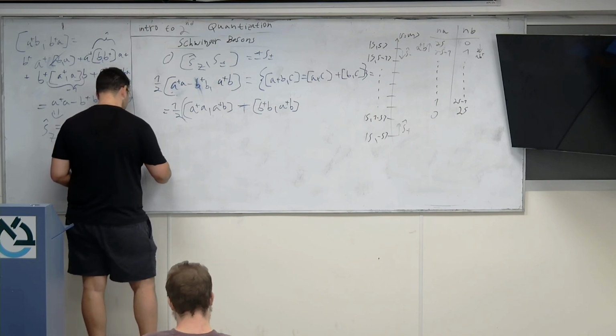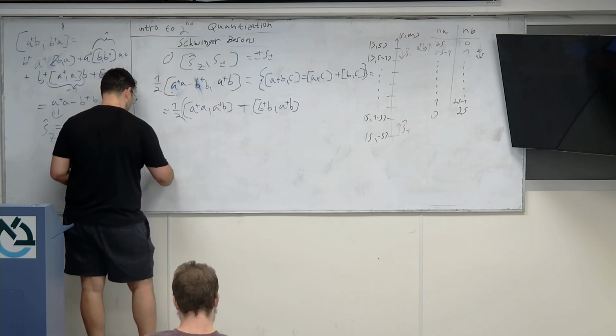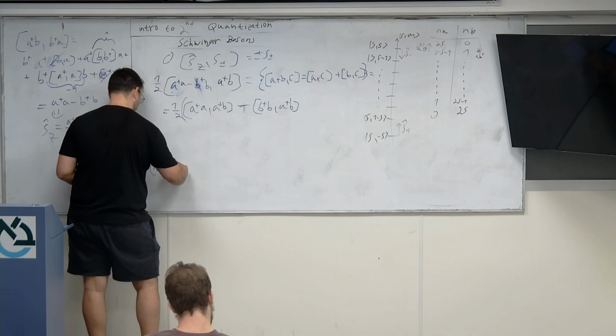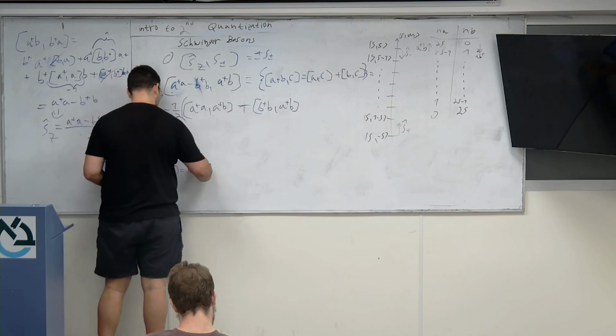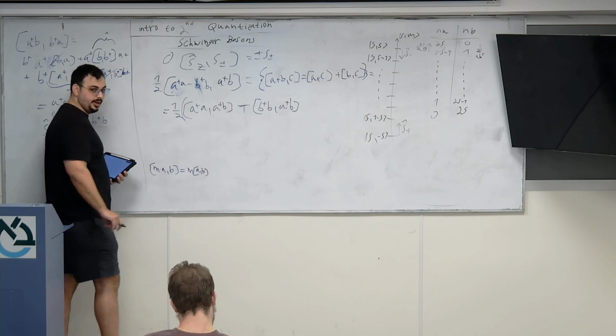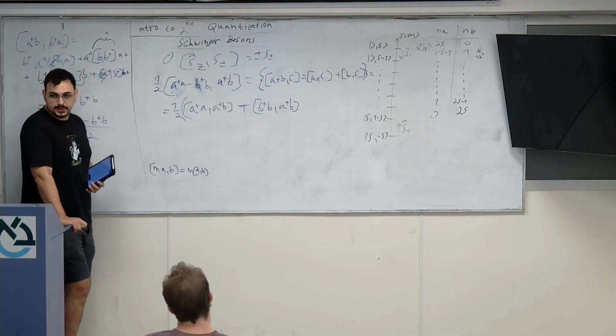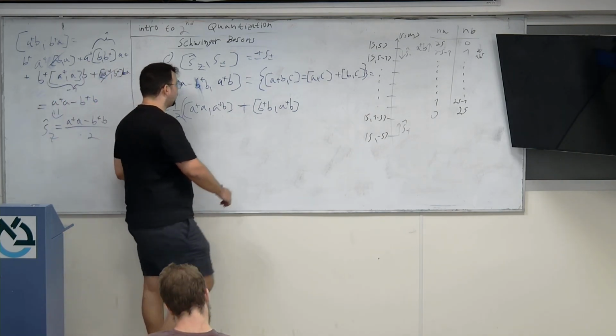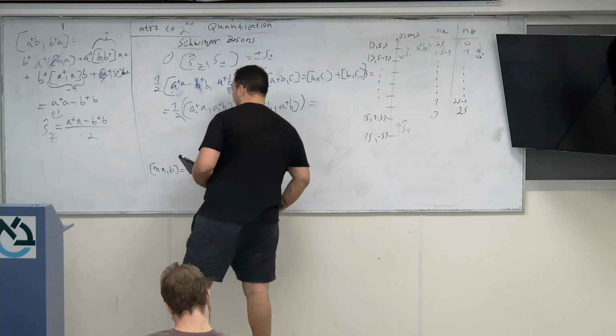I'm going to write it down here: if n is a number, it's like a trivial identity, but I shouldn't write it.